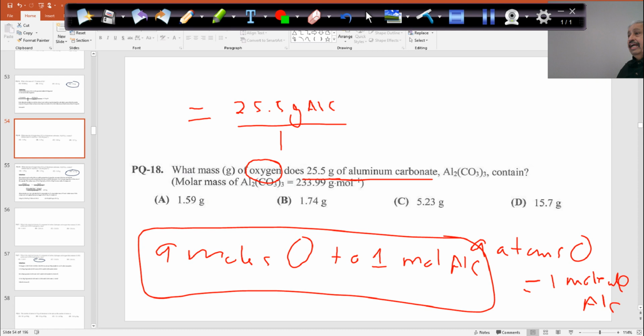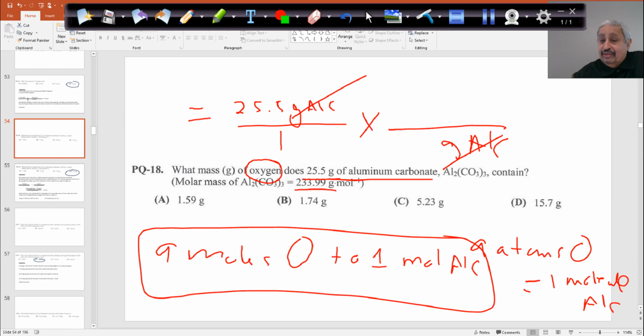What's next is I have to get rid of the grams of the whole molecule. So it will be grams of aluminum carbonate, because I have to cancel those grams. What should I use to get rid of the gram? I have something given to me: 233.99 grams per mole of aluminum carbonate, correct?